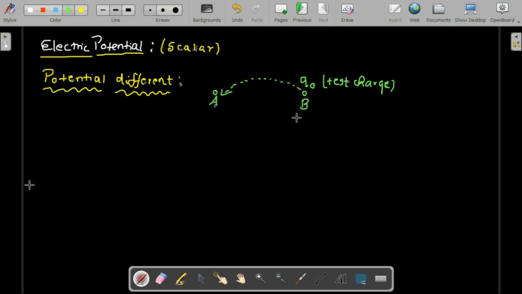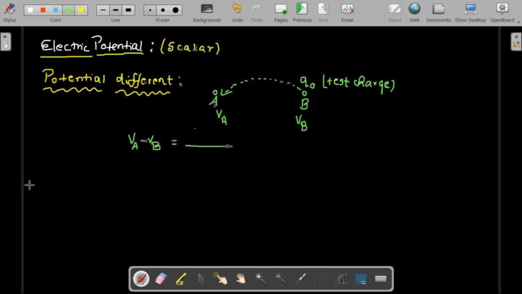Let's say the potential here is VB and the potential here is VA. So if I want to write down the potential difference, I will simply write it down as VA minus VB, right?